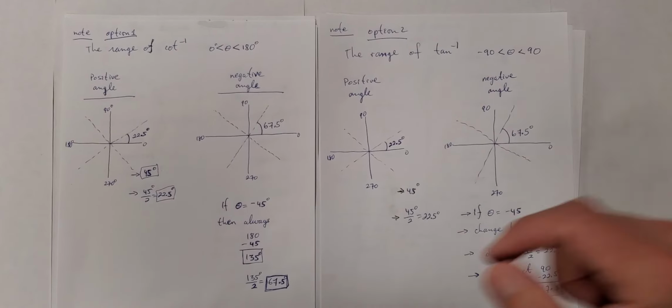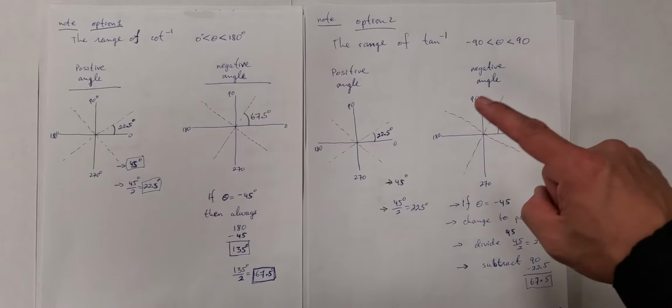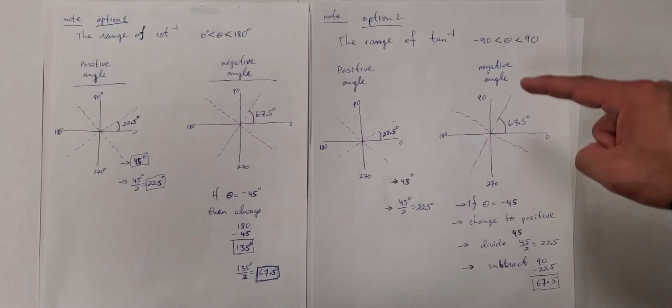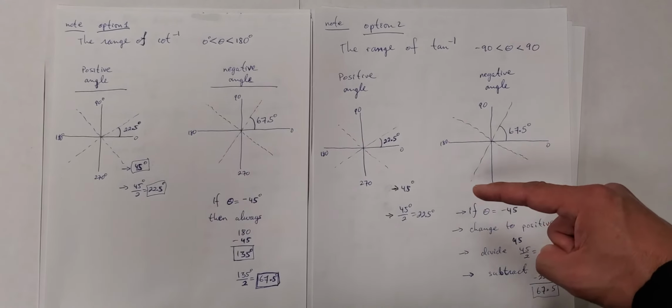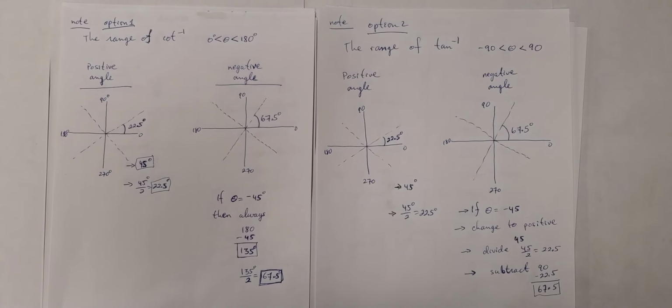On the left will be option 1 if you're using cotangent inverse, on the right if you're using tangent inverse. I sort of push you to option 2 because most of us do not have a calculator that has cotangent inverse. So be very careful of that.